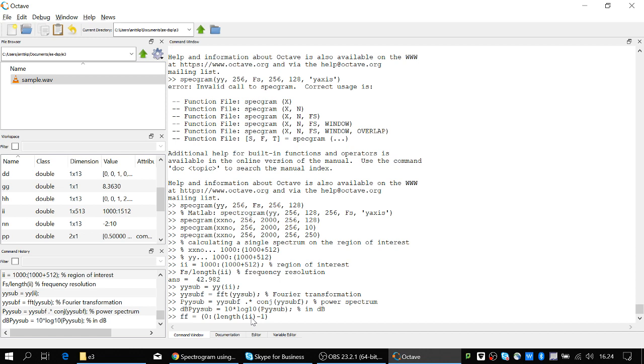Minus 1, divided by length of II. So this gives me numbers from 0 to 1, basically, and if you multiply this by sampling rate, you will get the corresponding frequencies. There you go.